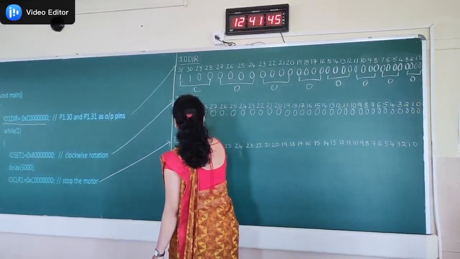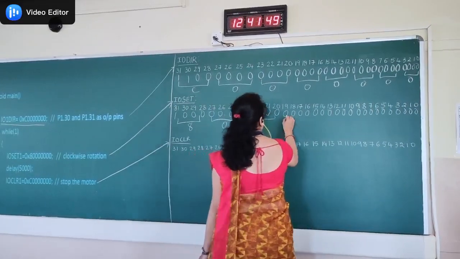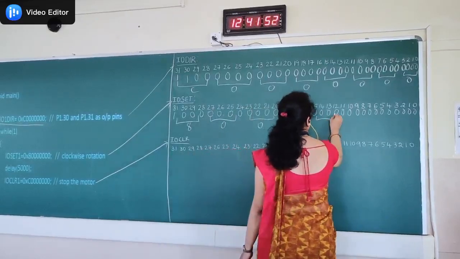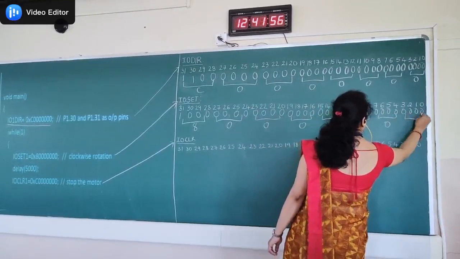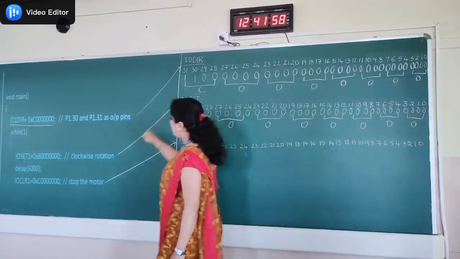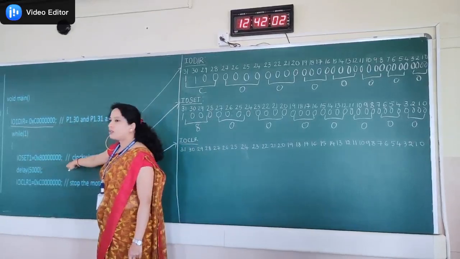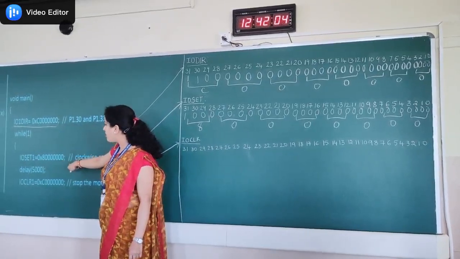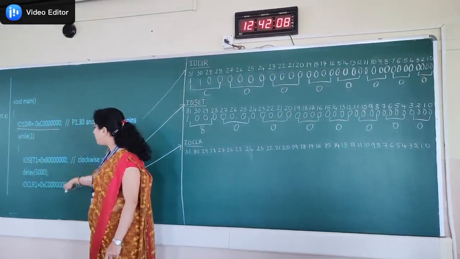When we convert this into hexadecimal, we get 80000000. This is the value we have put to the IOSET1 register to rotate the DC motor in clockwise direction. Next we have a delay procedure.